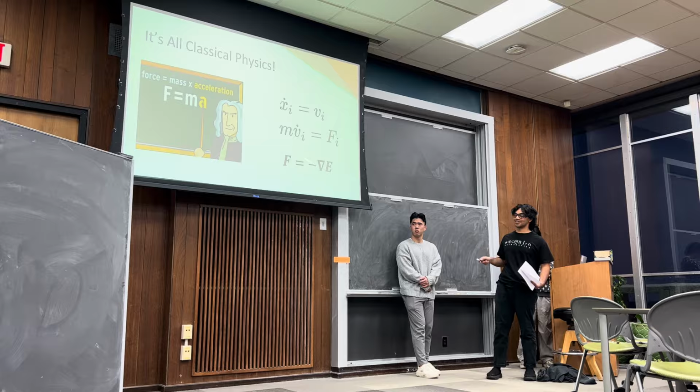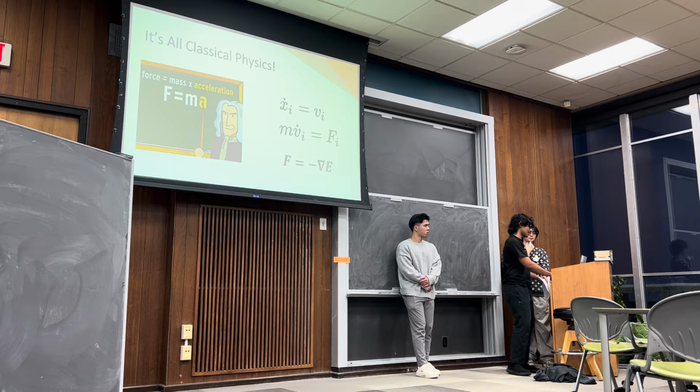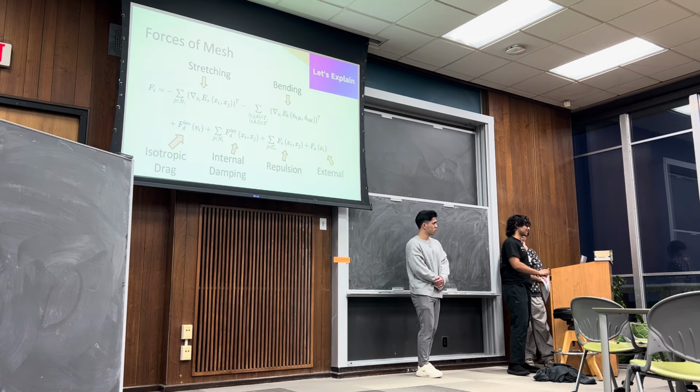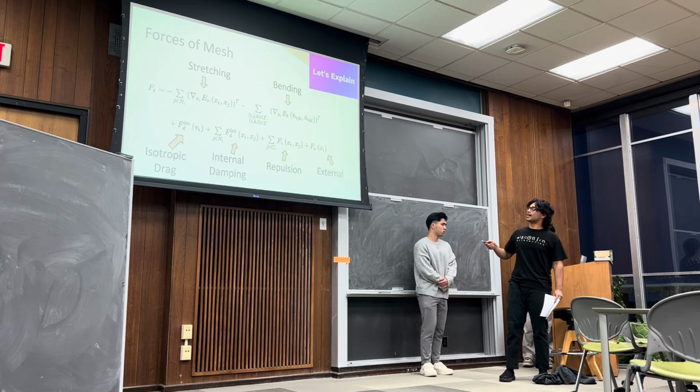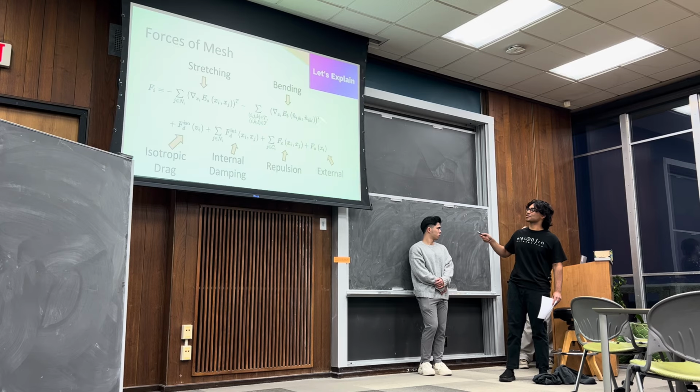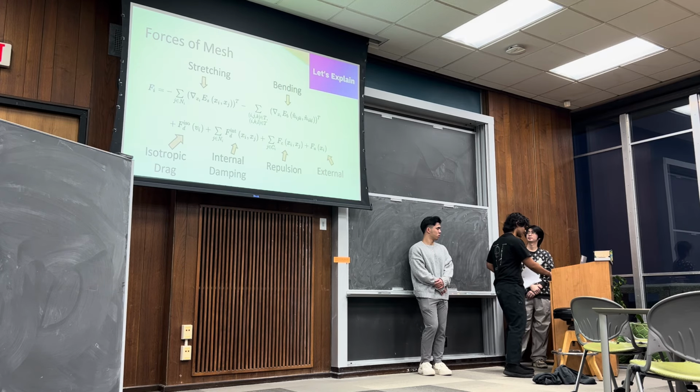So this is going to be used in our notation a bit, so you can keep that in mind. Now time for a big equation. This is the force on one node i, and you have to apply all these forces to that node in order to create an accurate model representation. I'll be going through each of these one by one, defining and explaining them, but yeah, let's get started.